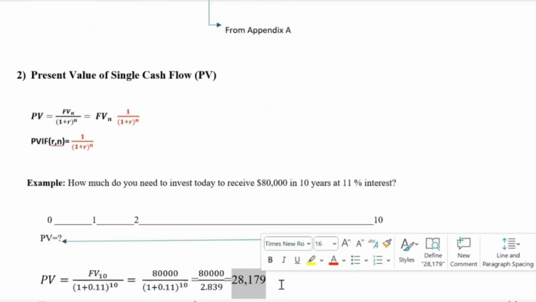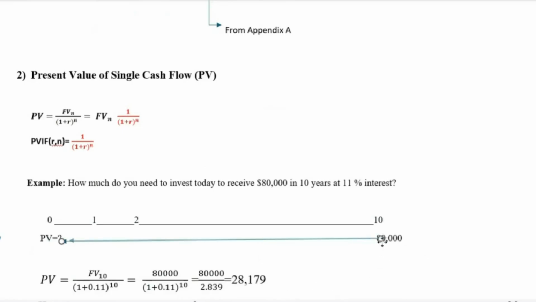You prepare 28,179 today, and it will have 80,000 waiting for you in 10 years. So that is the present value of a single cash flow. So far we introduced the future value of a single cash flow. These two are our building blocks. With this, we can solve a lot of complicated time value of money problems.